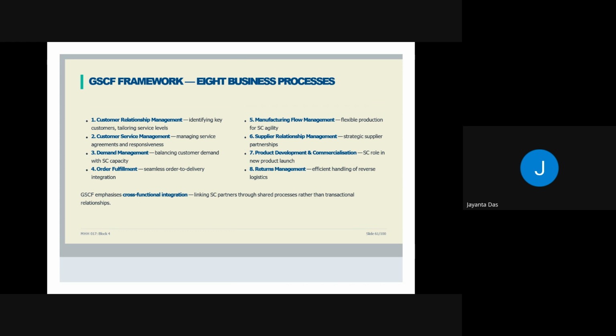GSCF framework has 8 business processes: customer relationship management, customer service management, demand management, order fulfillment, manufacturing flow management, supplier relationship management, product development and commercialization, and returns management. So these are cross-functional integration linking supply chain partners through shared processes rather than transactional relationships.